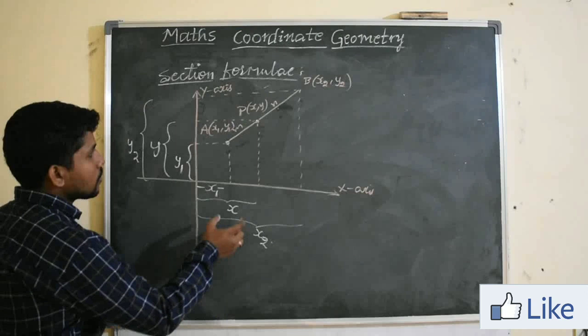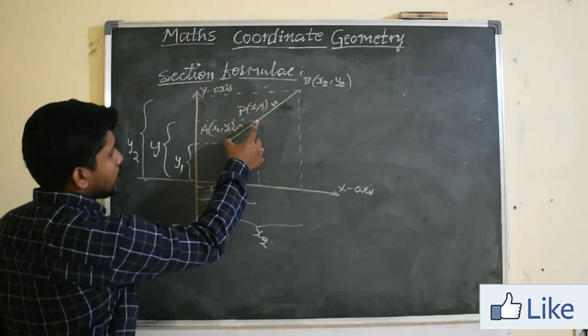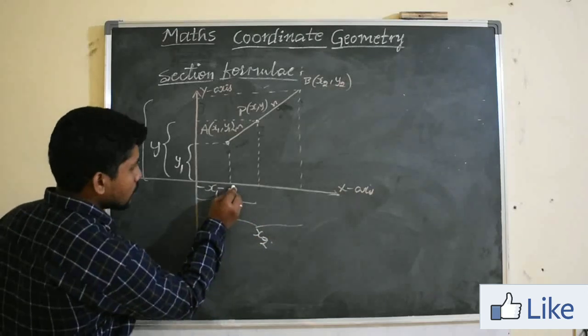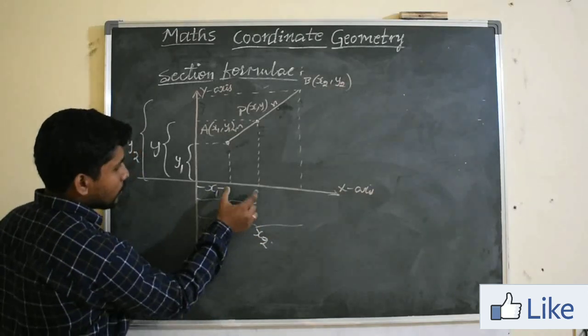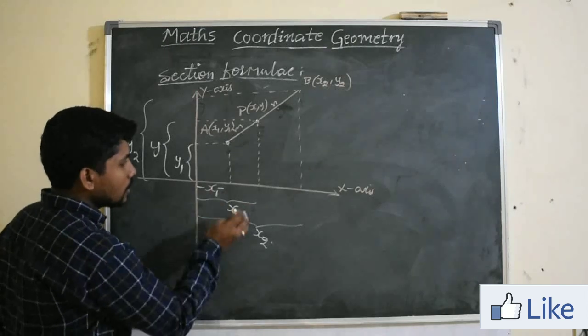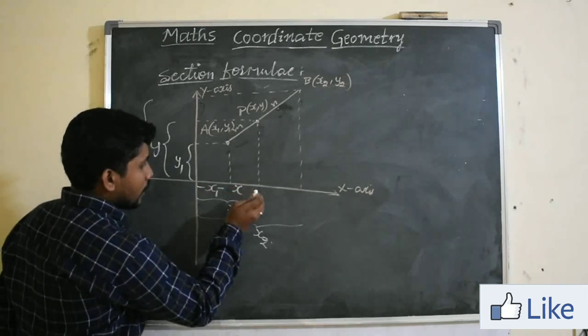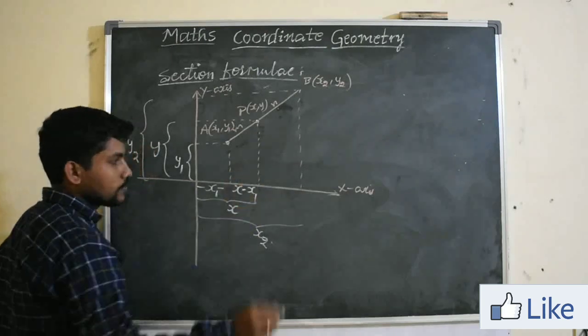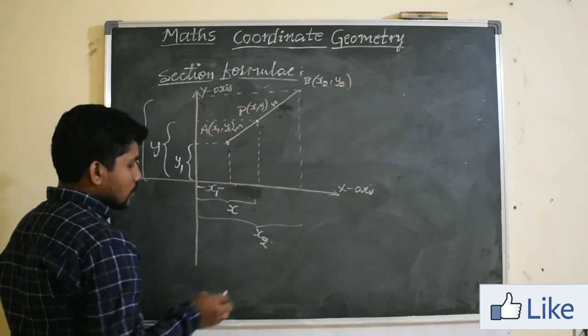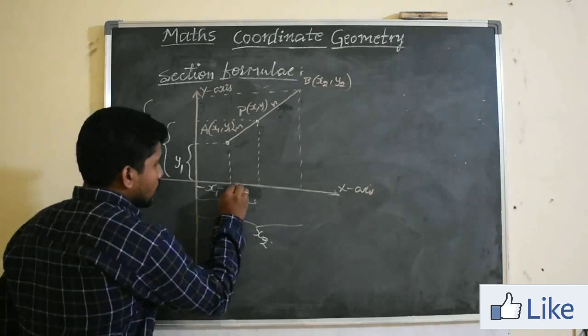Now if you clearly observe the gap between A and P on the projection on the x-axis, this gap can be found out, as we know the total distance is x and a part of it is x1. The remaining distance will be x minus x1.